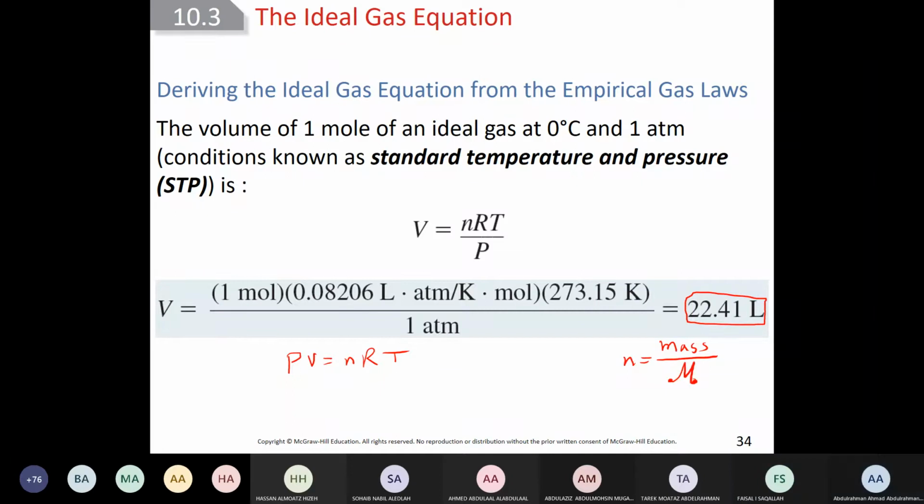So I want you now, you do it, replace n with mass over molar mass and tell me what's the molar mass. How to find the molar mass of any gas, equal to what?